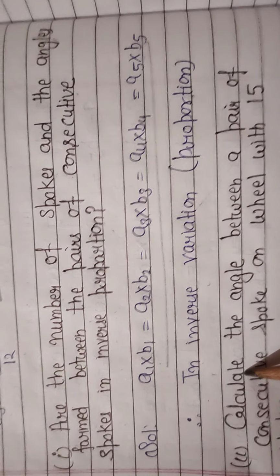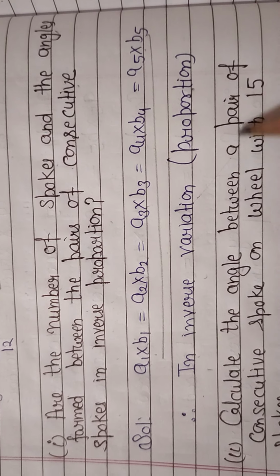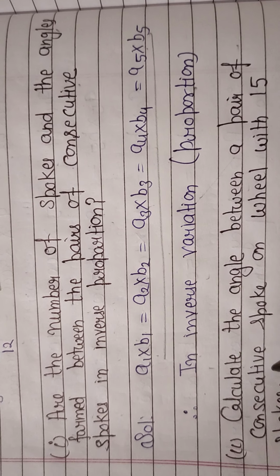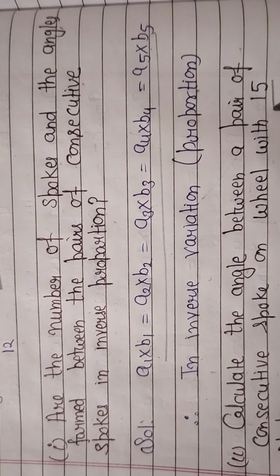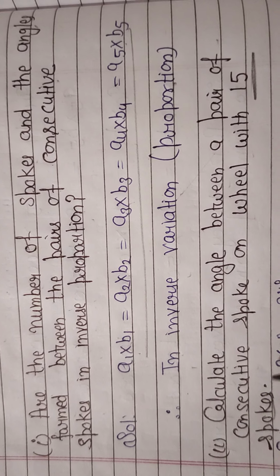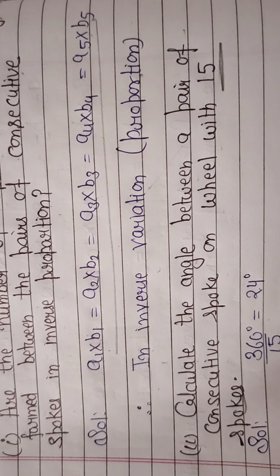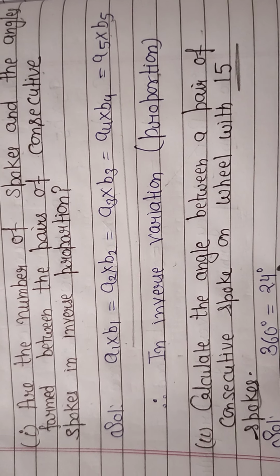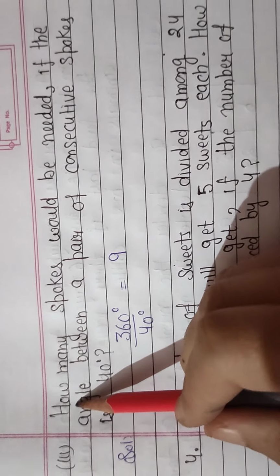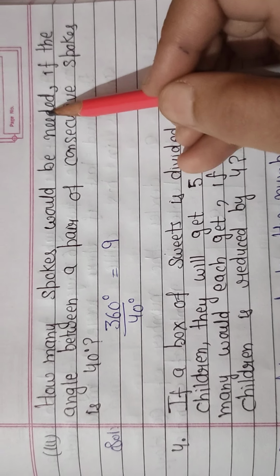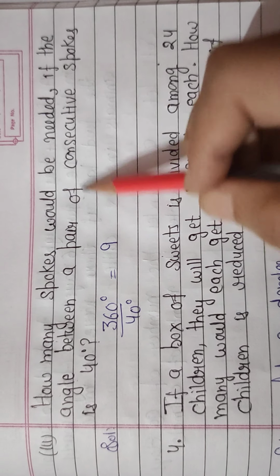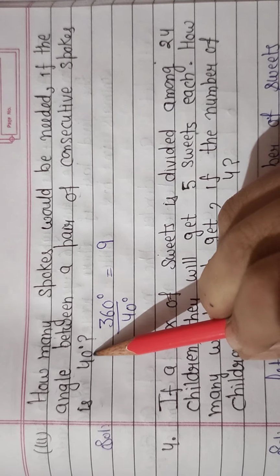Now for the second part: calculate the angle between the pair of consecutive spokes on the wheel with 15 spokes. So I will divide 360 degree by 15. It is 24 degree. And for the third part: how many spokes would be needed if the angle between a pair of consecutive spokes is 40 degree?